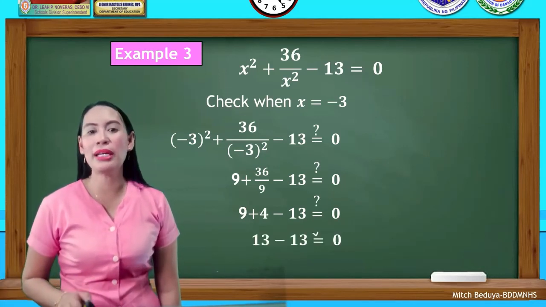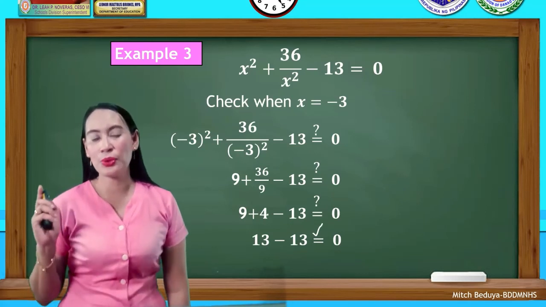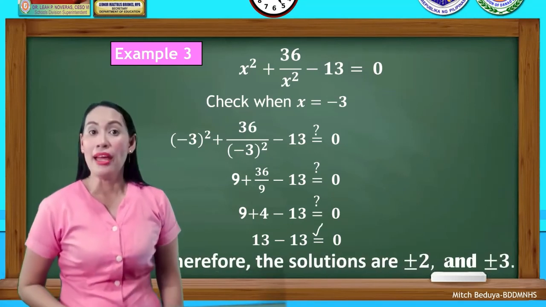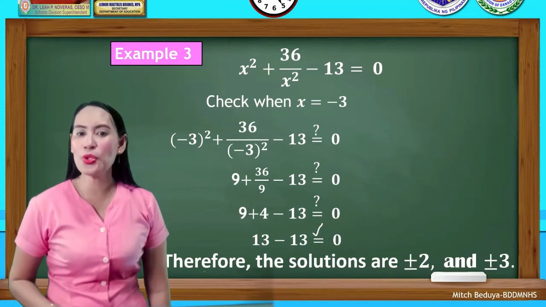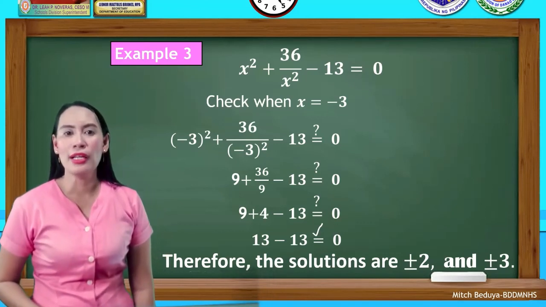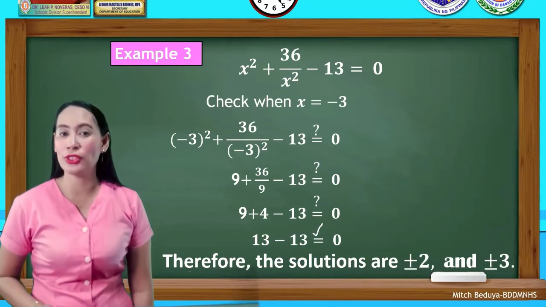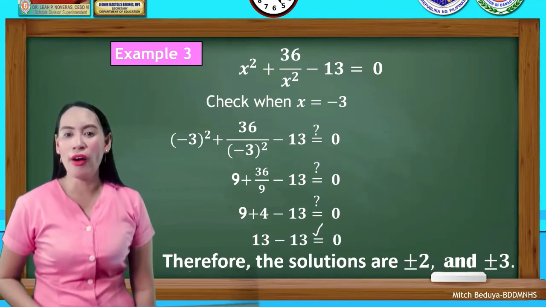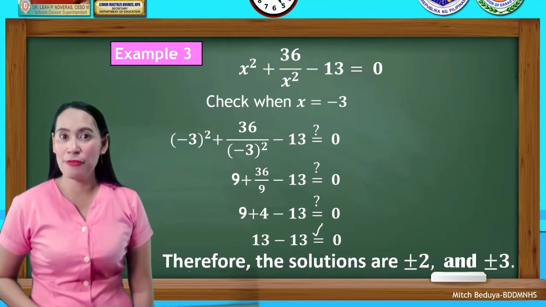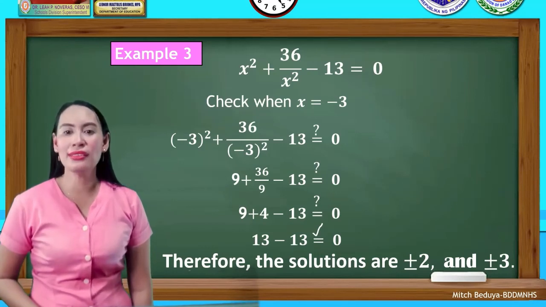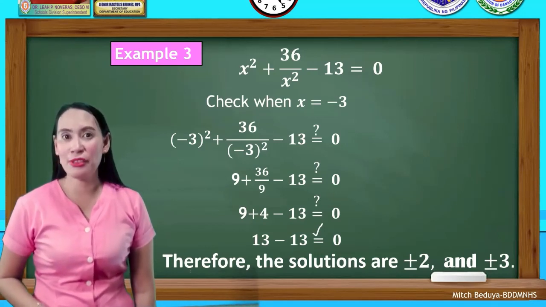So 13 minus 13 is equal to 0. Therefore, the solutions of x squared plus 36 over x squared minus 13 equals 0 are positive or negative 2 and positive or negative 3.